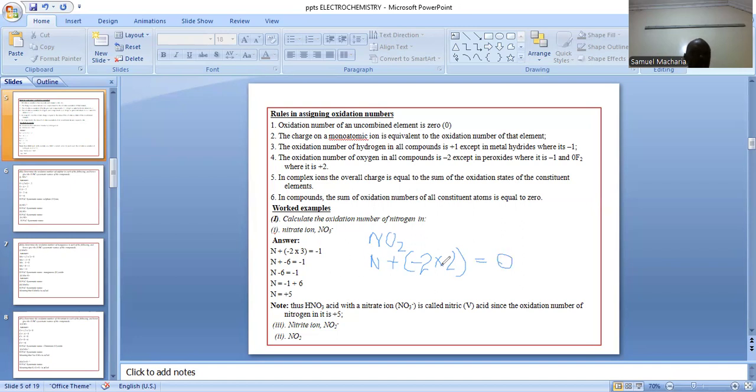There is no charge. Now, when we work out inside the bracket, -2 times 2 is -4. So we are going to have nitrogen N plus -4 equals 0. So when we take -4 to the other side, it becomes added.